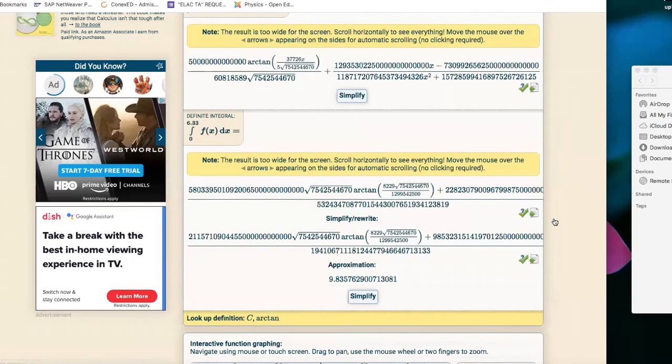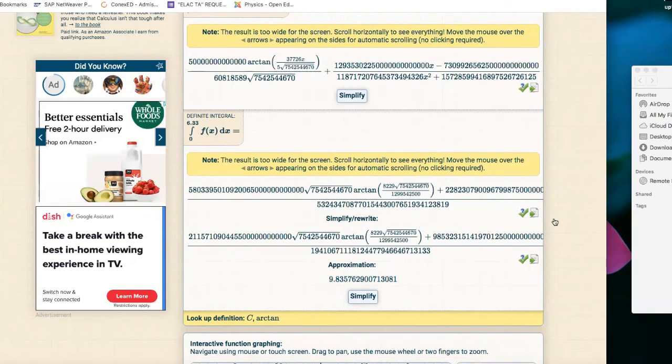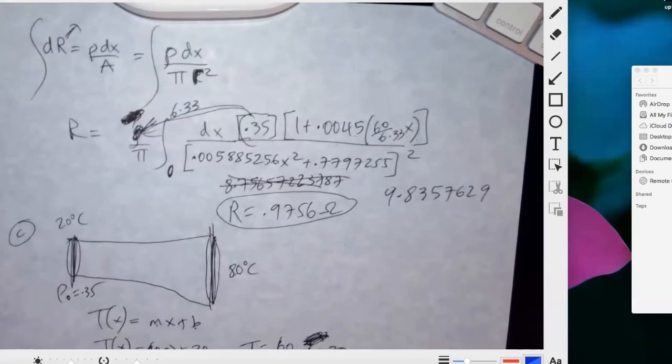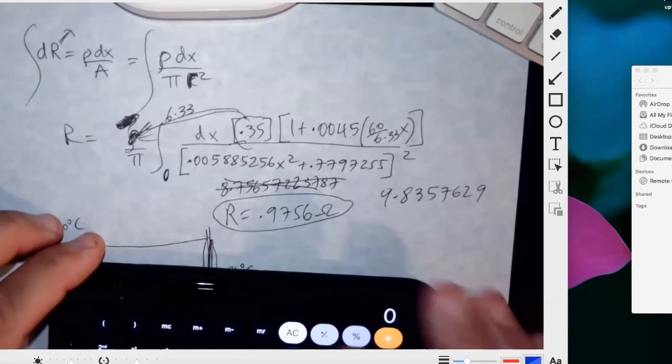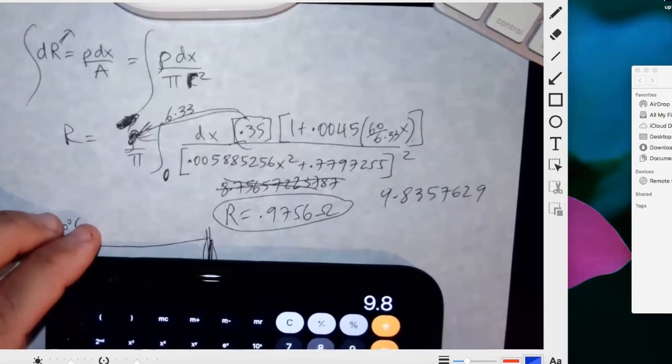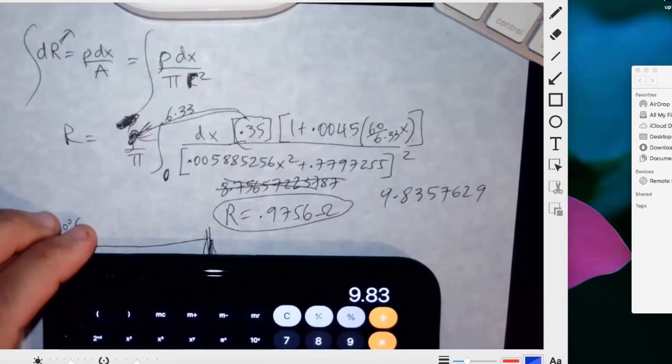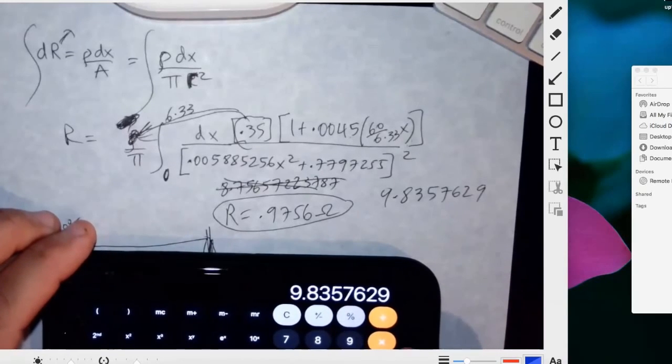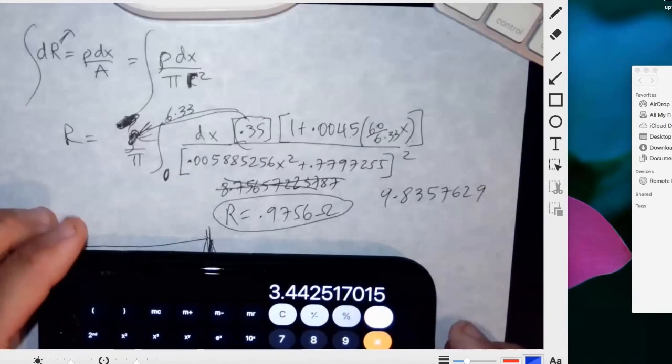Yep, and now it's 9.8357629. Yep, see, it all makes sense. So 9.8357629 times the 0.35 divided by pi.